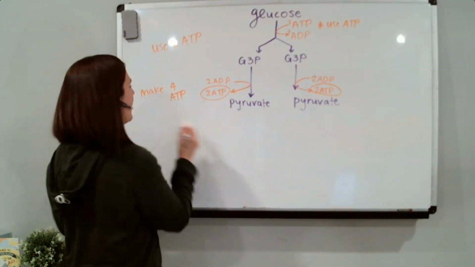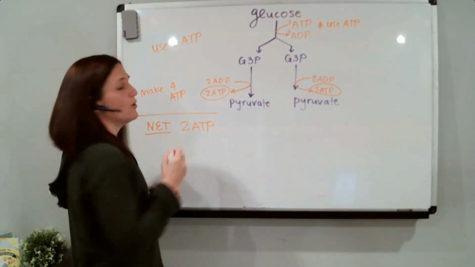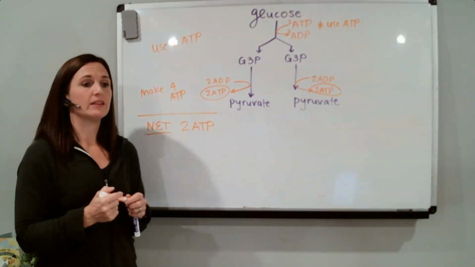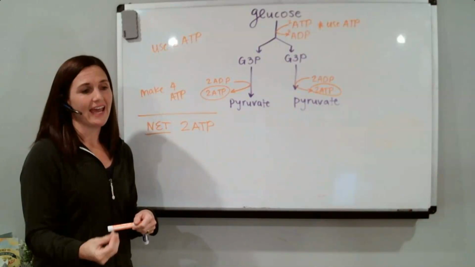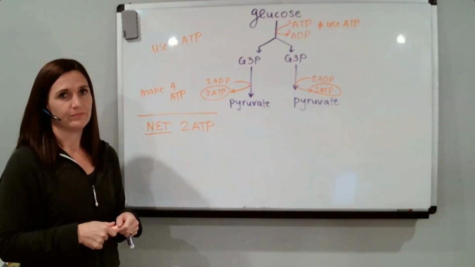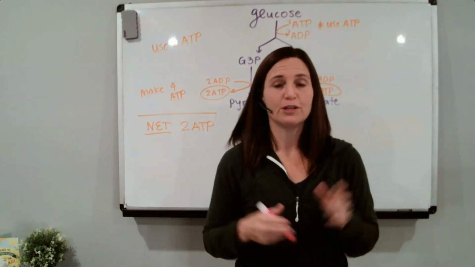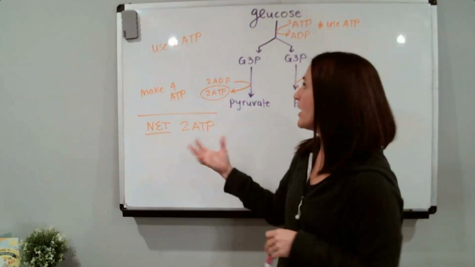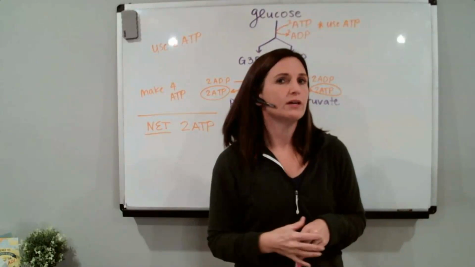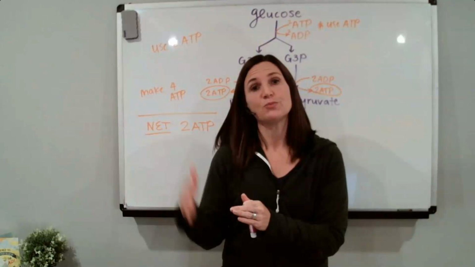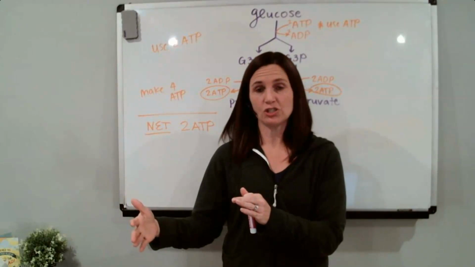And so what we say is we net 2 ATP. When we account for the numbers that we lost, altogether we gained 2 ATP. There's another thing that's happening all throughout cellular respiration. We're going to be keeping track of our ATPs, and we're also going to be keeping track of our electron carriers. Remember, in photosynthesis, we had NADPH.